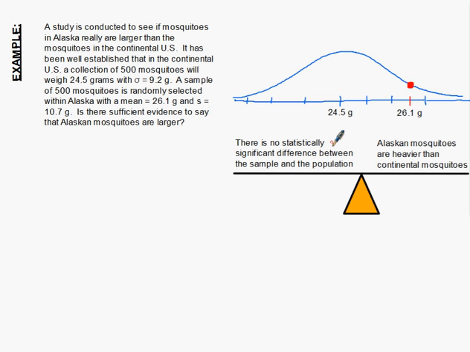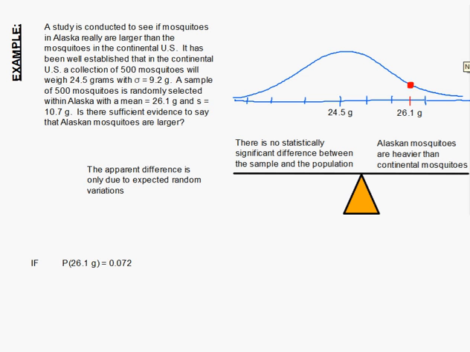But statistically, it's just due to random chance, right? No big deal, right? If you take a sample in Alaska, it turned out to be heavier. That can happen. Or the Alaskan mosquitoes are in fact heavier. Right? One of the two is what our conclusion will be. So it's either due to random variations or not.